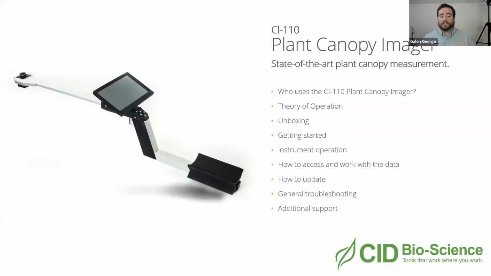And so that's essentially how the instrument works. It's just a camera that's on an auto leveling gyroscope, and it will take those images, run those through our software, which does that gap fraction analysis where it establishes a threshold, and then it establishes what is the sky versus what is the plant.